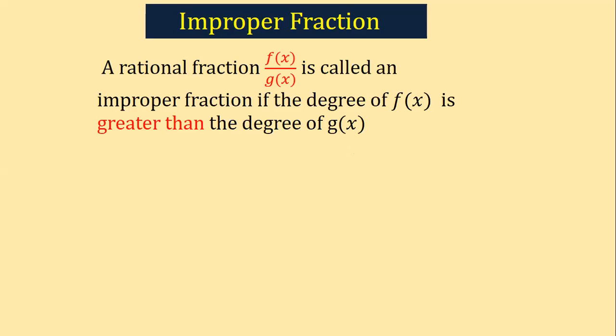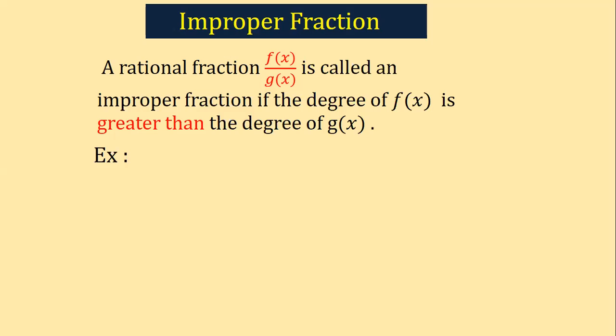So it is the reverse of that one, yes or not? There, the degree of f of x should be less than the degree of g of x. Here, the degree of f of x is greater than the degree of g of x. Yes.